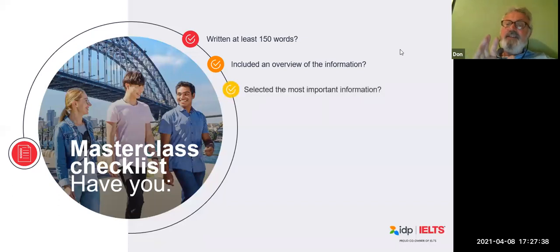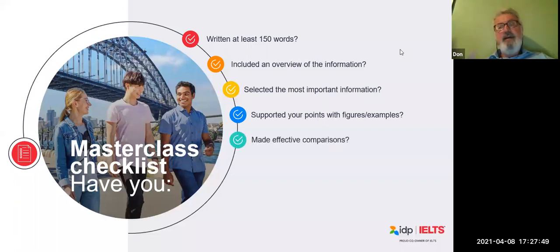Have you selected not all features, but the most important features? Have you used numbers to support the description? Have you compared? In this case, compared the graphs with each other, compared the years with each other. Have you used linking words to connect your ideas?